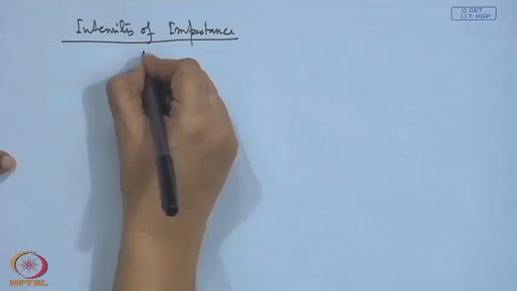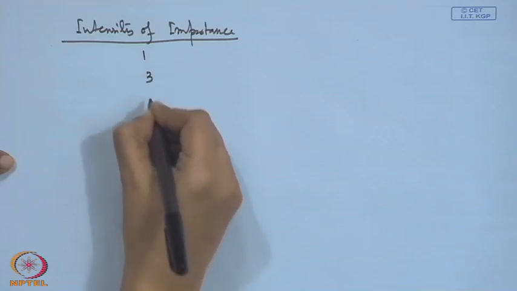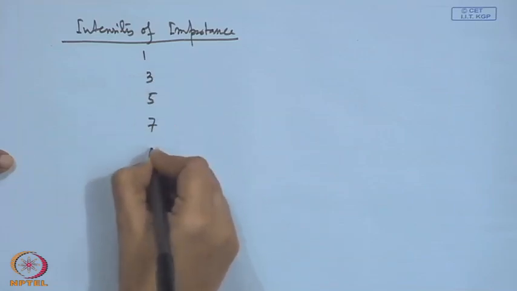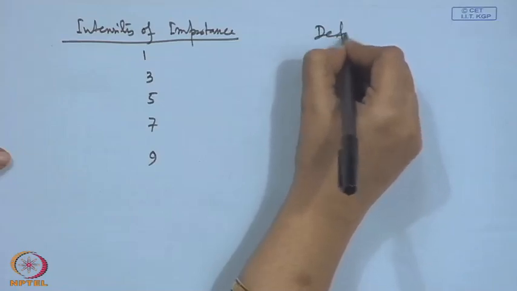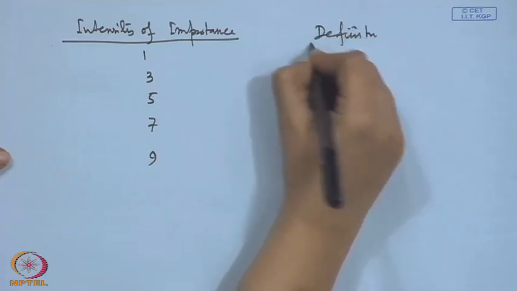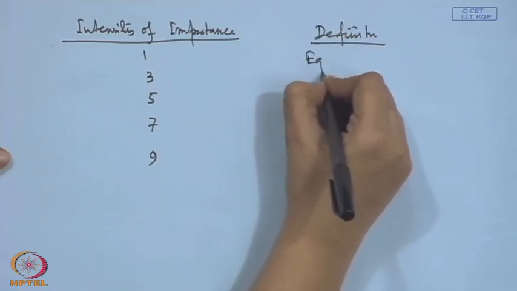How can we measure that intensity of importance? Here we are considering a scale with a few values: 1, 3, 5, 7, 9. 1 is considered for equal importance.